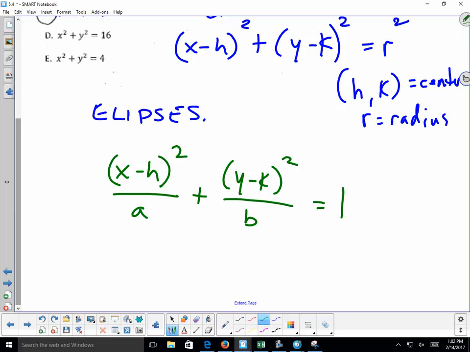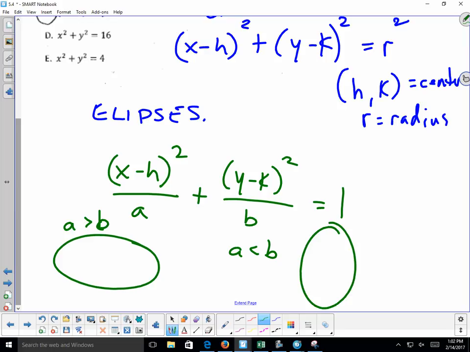And depending on whether A is bigger or B is bigger, that will tell you whether your ellipse is opening in a horizontal way like this. This is if A is greater than B, right? But if the number that's below the y is bigger, if A is less than B, B is greater than A, then it's going to look like a kind of a vertically shaped ellipse, okay?